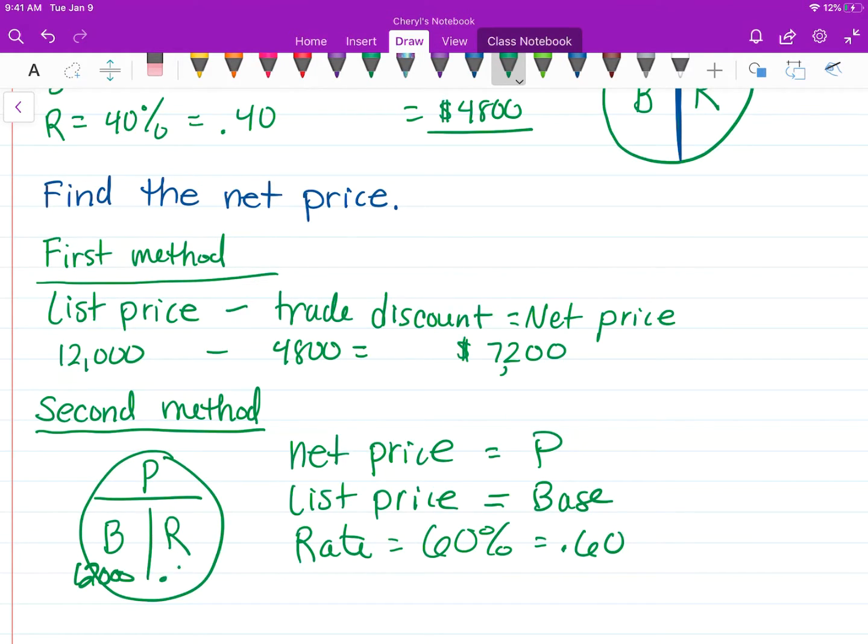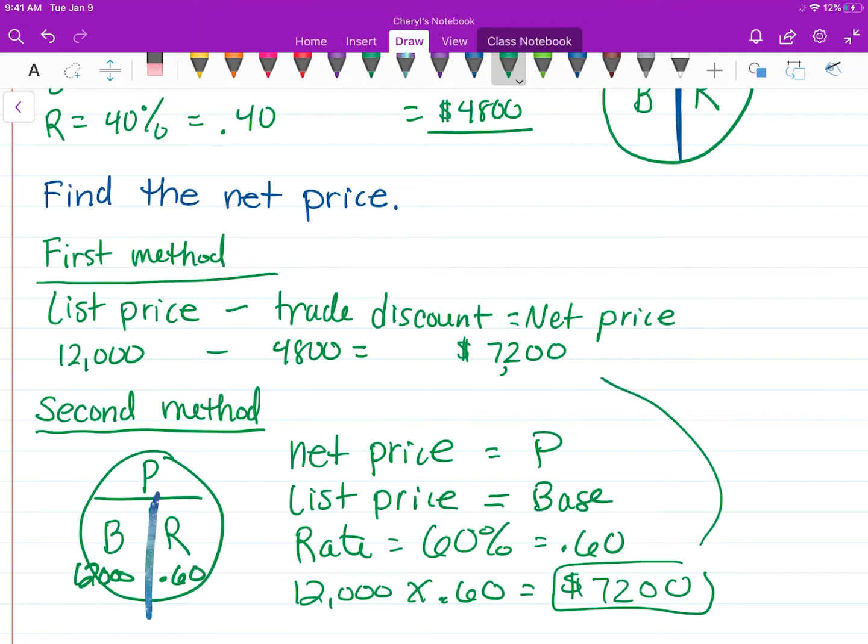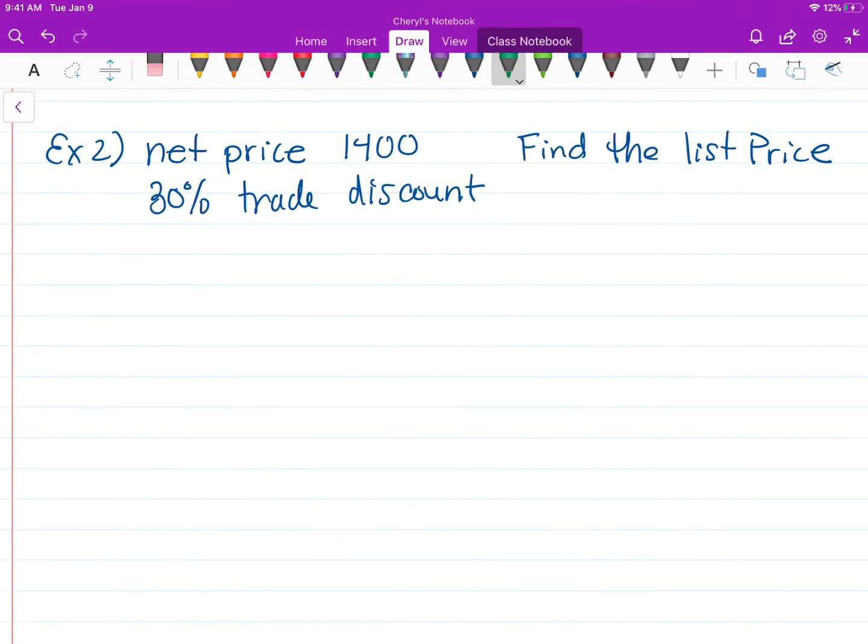The rate is 0.60, with the multiplication line separating the two things that we know. So I'm going to take 12,000 times 0.60, and I get 7,200. It's the same answer as what we got up here. It's just going about it in a different way.